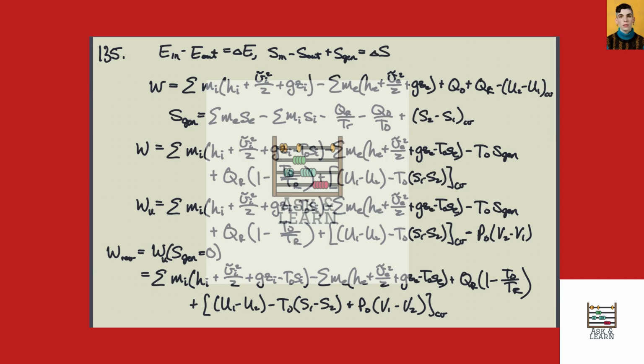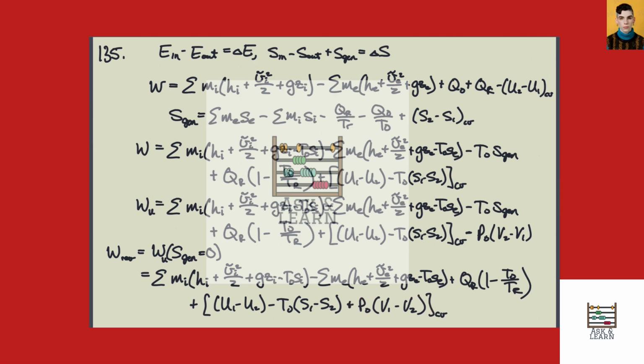Now, to get the reversible work, we just take the usable work and set the entropy generation to 0. And again, if you want to think about it in terms of exergy-like things, all we really have now is that this term is there now.